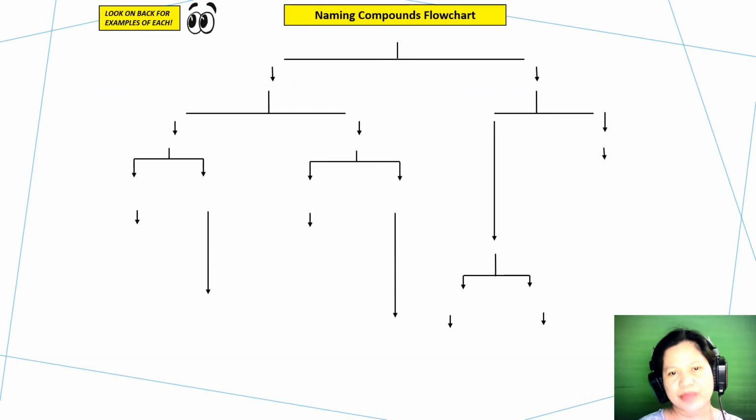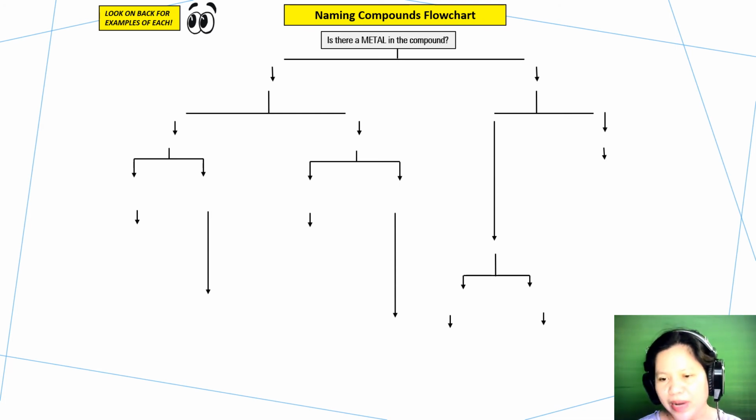This is a very useful flowchart, especially in naming compounds. So the first question that will come up to your mind when you examine what type of bond it is, or what type of compound is the given, first, you will ask yourself, is there metal in the compound?